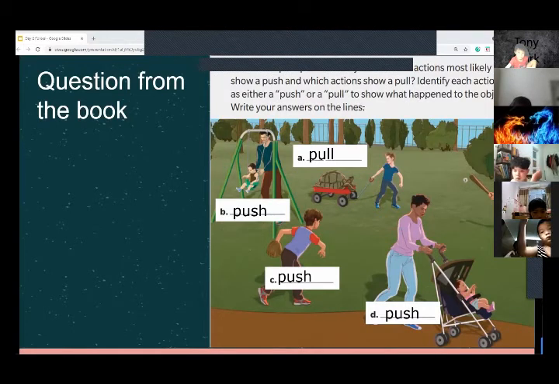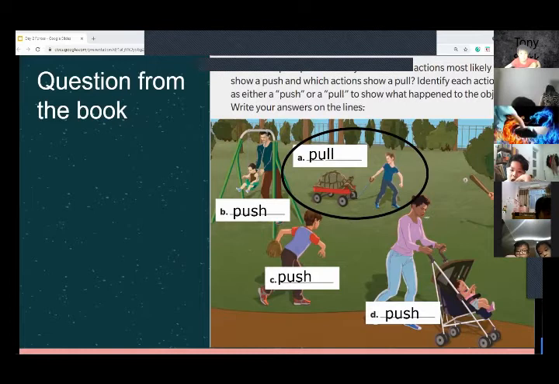I think a boy pulling a wagon that had a tortoise on it. This one I believe is correct too. This one took the strongest force. I think it would be pulling the tortoise.